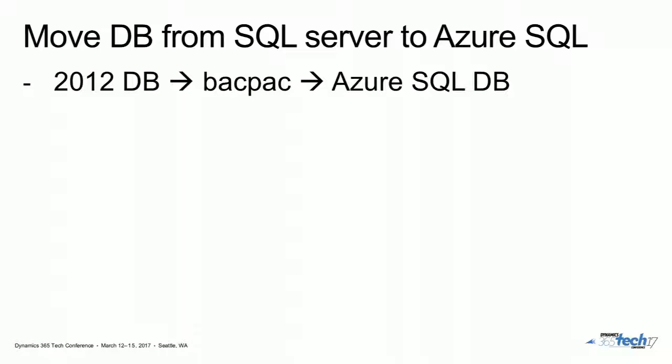At this point, the known working approach is to do an export from your 2012 production DB, an export of a bacpac file, right? It's not a BAK file, it's actually a bacpac file. It's a special export from your production DB.